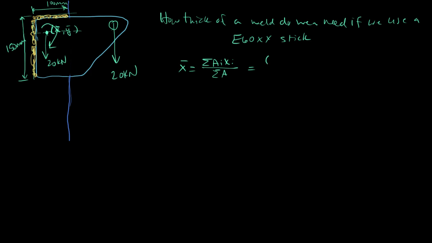In this case, the X weld is 100 millimeters, and the weld area is what we use, and the weld area is the length of the weld times the throat of the weld. And so that's the question: how thick of a weld do we need?